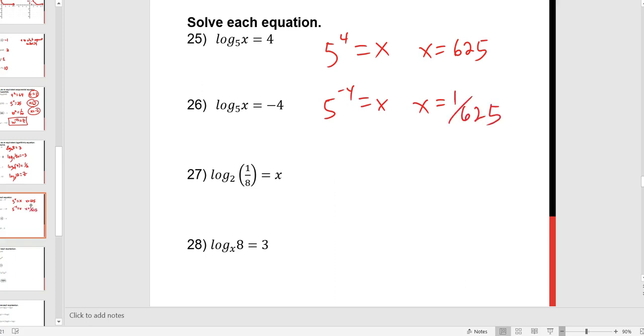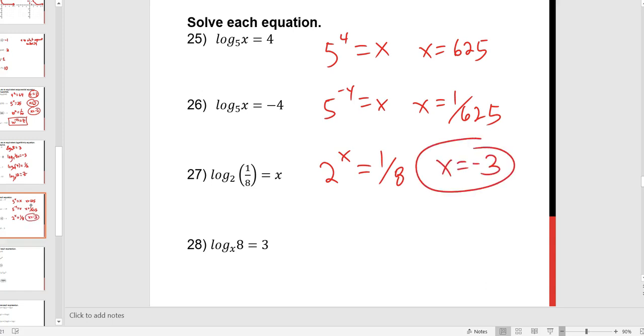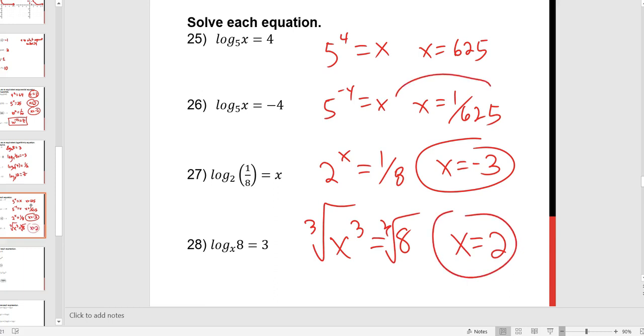This becomes what? 2 to what exponent makes 1/8? That would be -3. This becomes x to the exponent third is equal to 8. What to the third power is 8? X would be 2.